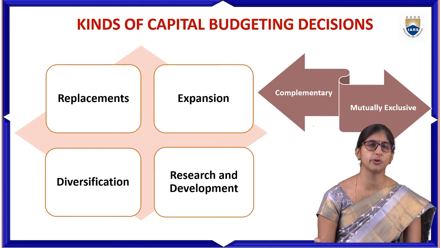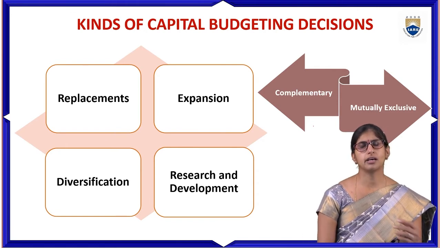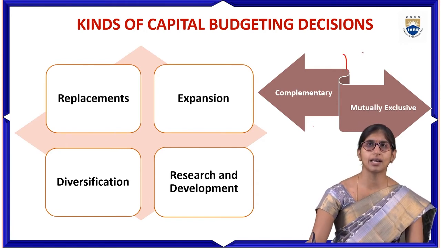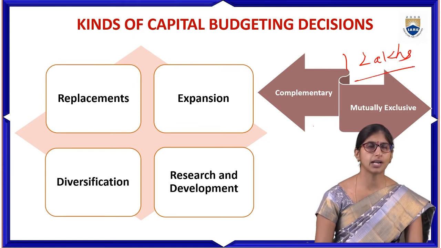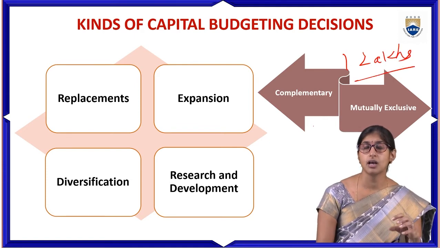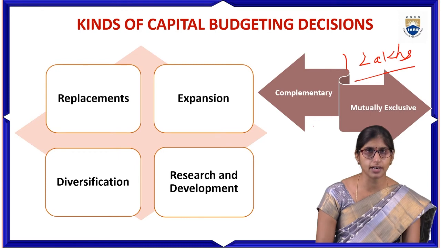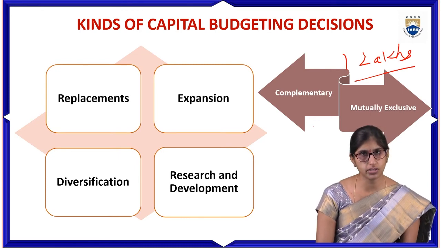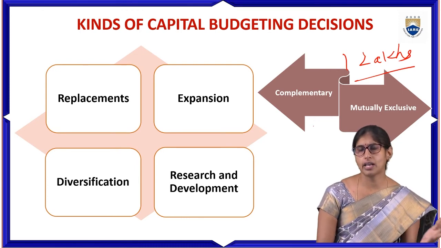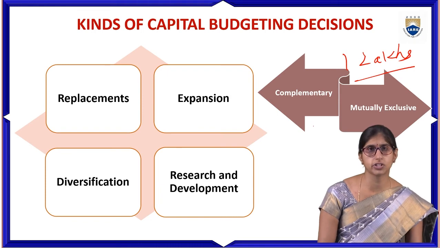And the next one is mutually exclusive. Mutually exclusive means, here I have 1 lakh rupees, and I am thinking whether to invest in a particular project, or invest in real estate, or invest in the share market, or do a fixed deposit.